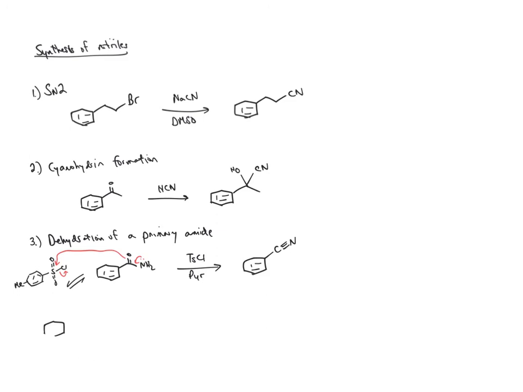And so what we get there is the following product. I'm going to abbreviate Ts for tosyl. Okay, and I'm going to have a positively charged nitrogen atom. Now this, of course, can be deprotonated by pyridine. And so pyridine can come along, do a deprotonation to give us a neutral species.